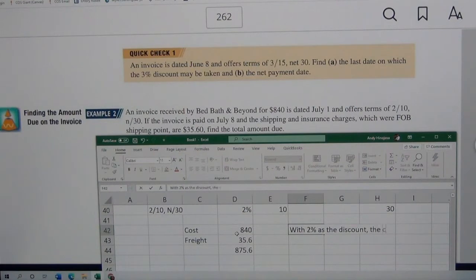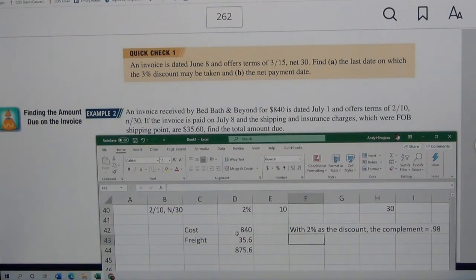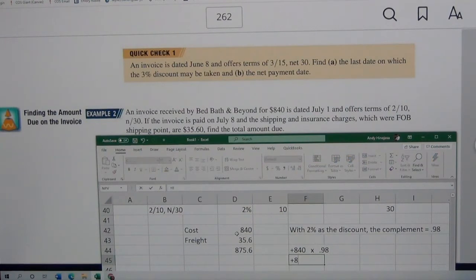So the complement equals 0.98. 1 minus 2% is 98%, or 0.98. And now that we have the net cost equivalent, we're simply going to take the $840 and multiply it by 0.98. 840 multiplied by 0.98 gives us $823.20.